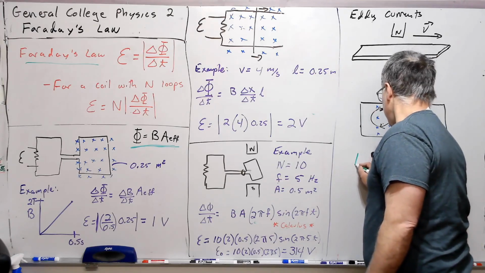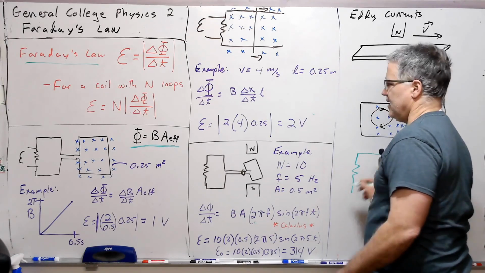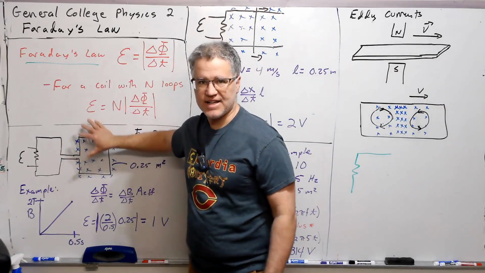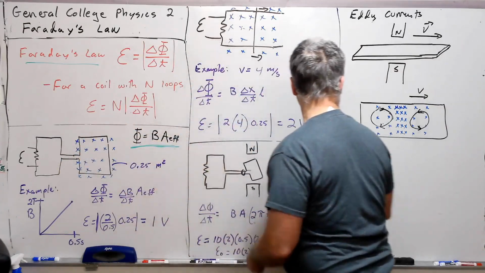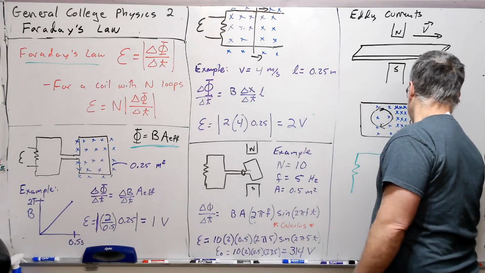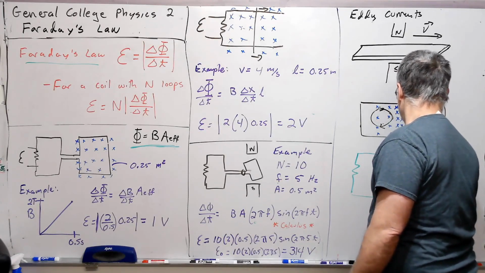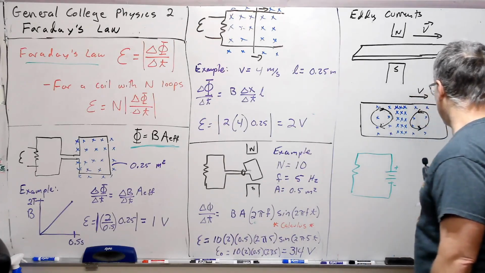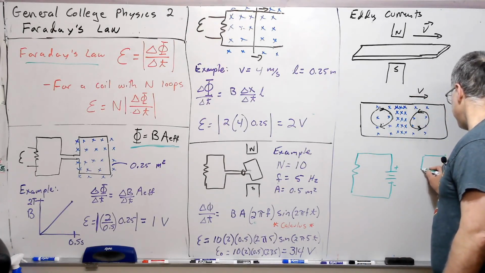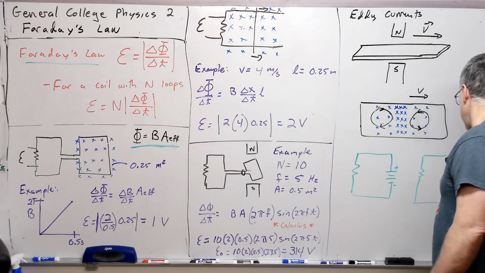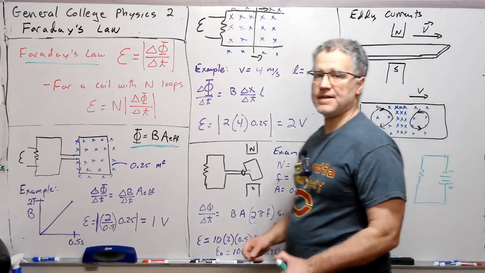So we simply replace this whole thing, which is now acting like a battery, with a battery, and we try to say here, is it going to be this orientation, where we have the plus here and the minus here, or is it going to be this orientation, like that?